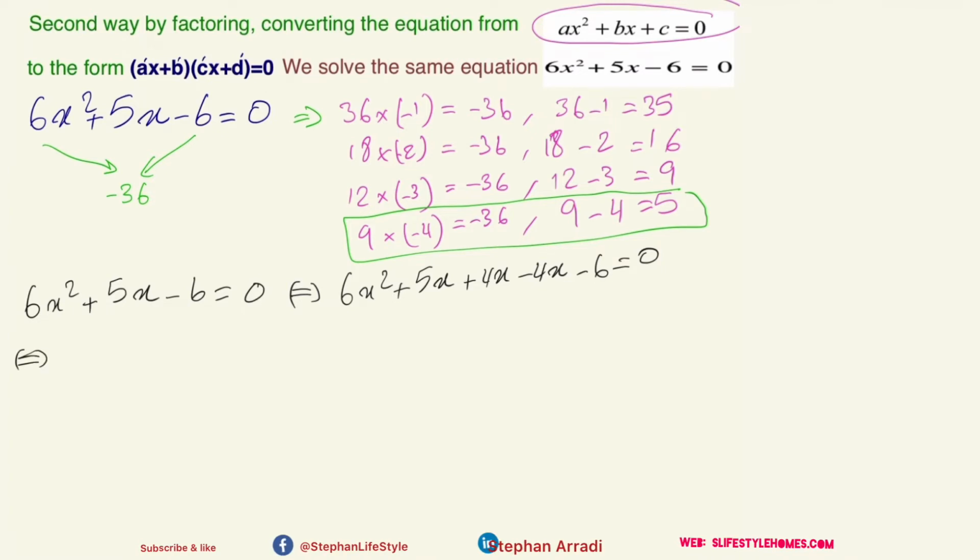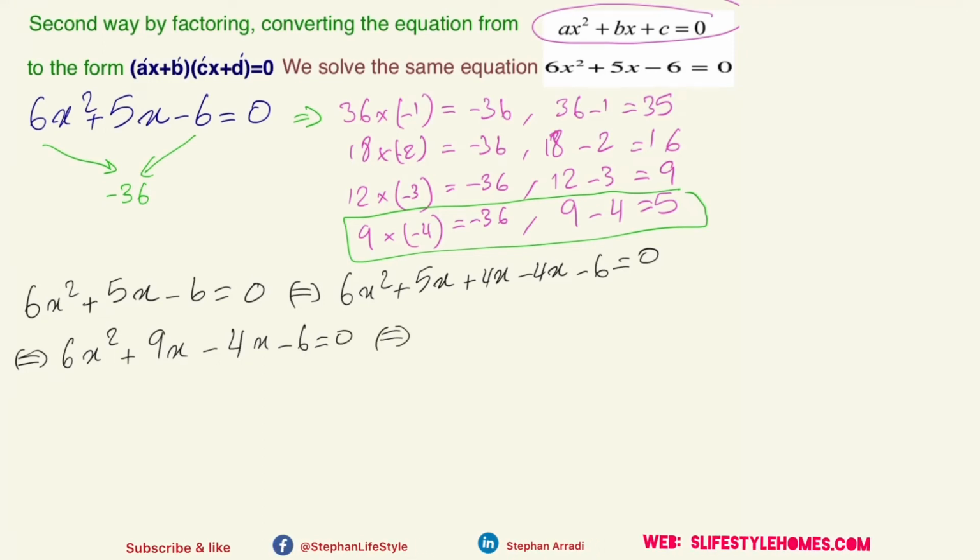So what is going to give us here, 6x squared plus 9x minus 4x minus 6 is equal to 0. We see in these two terms there is a common factor.